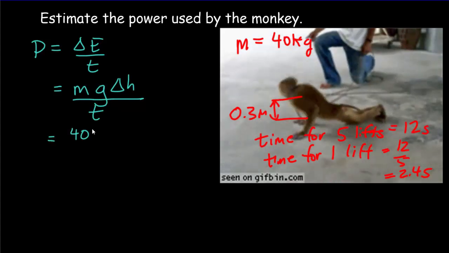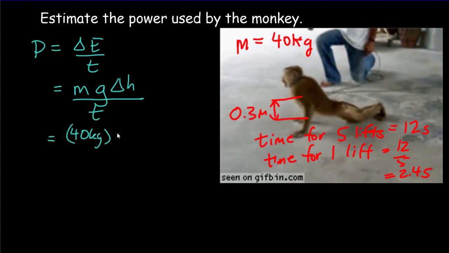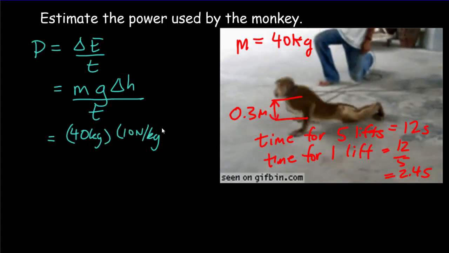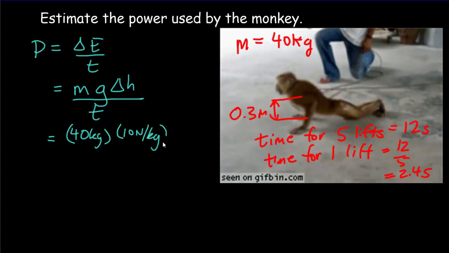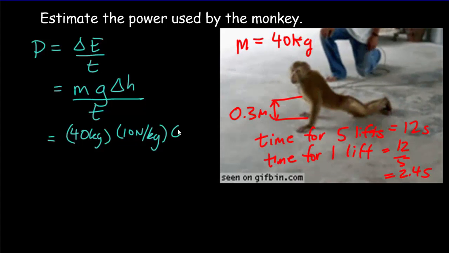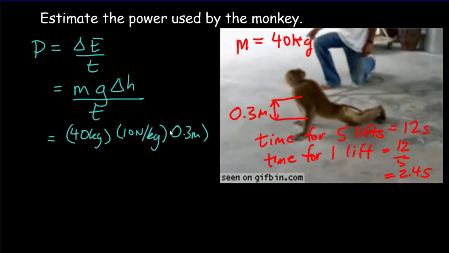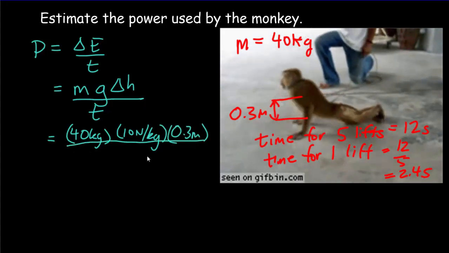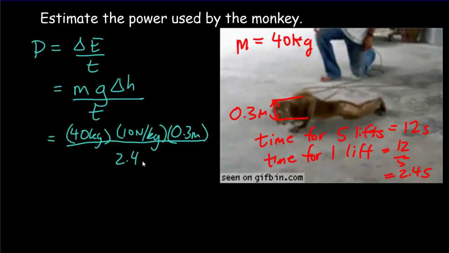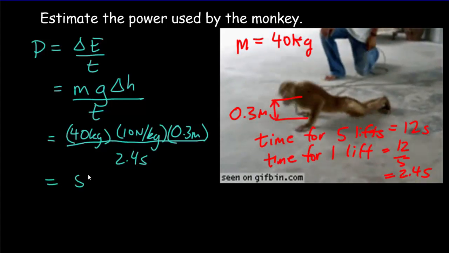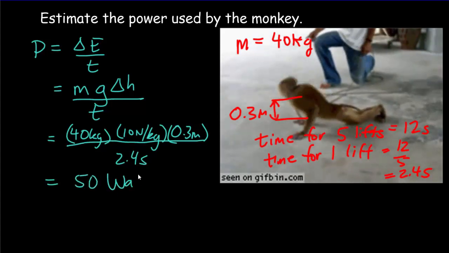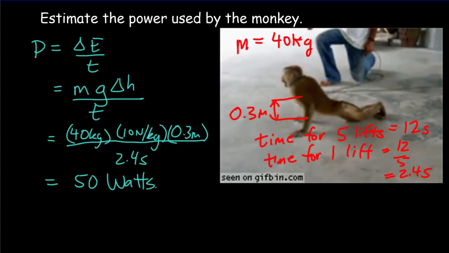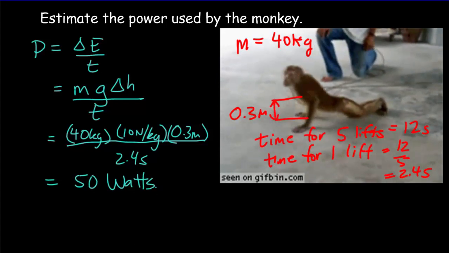So he's a 40-kilogram monkey. We'll take g to be 10, since we're not going to be very precise here, and delta h was 0.3 meters per push-up, and the time per push-up was 2.4 seconds. If you work that out, you should get about 50 watts. So we've got a 50-watt monkey here.